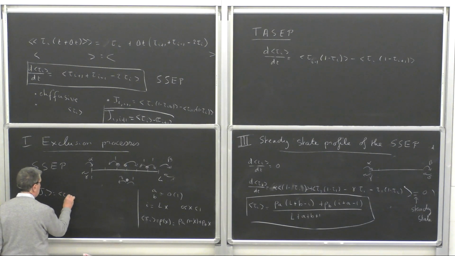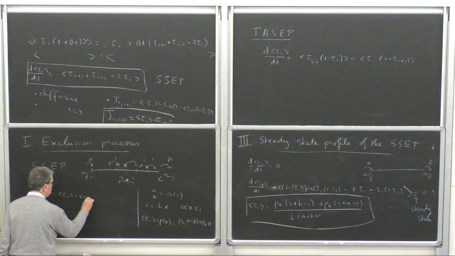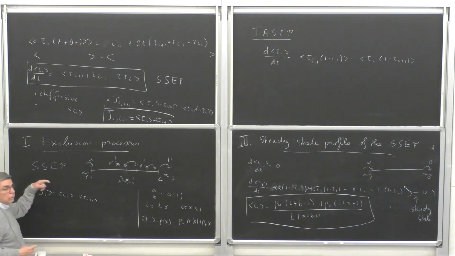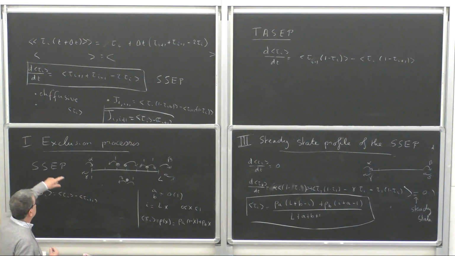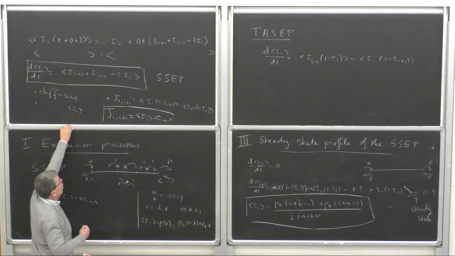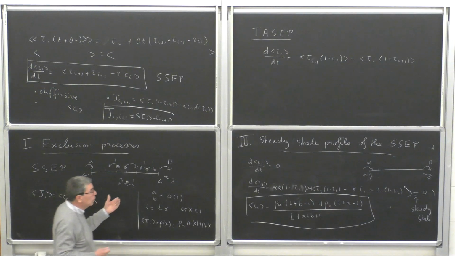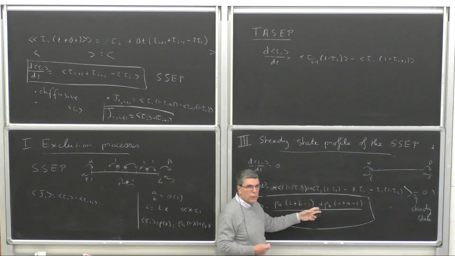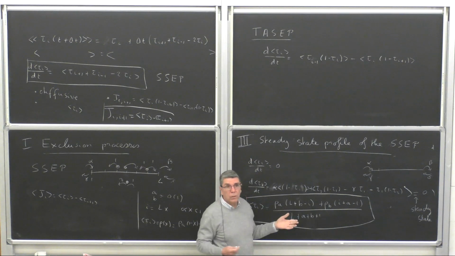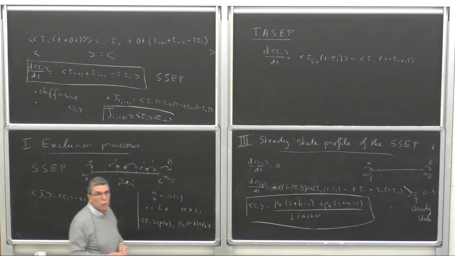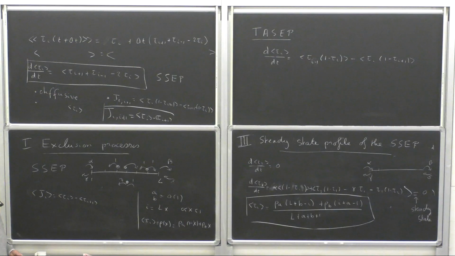is τ_i − τ_{i+1}. Okay, the current, of course, in the steady state, does not depend on i, which it should be so, because the system is in the steady state. If the average current at site i was different from site i plus 1, then particles would accumulate.